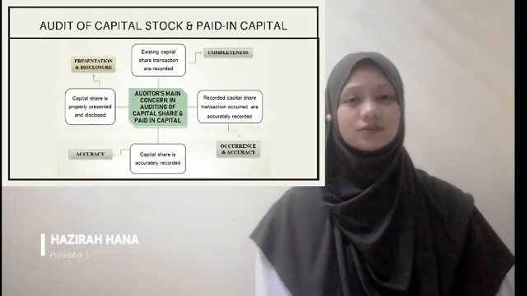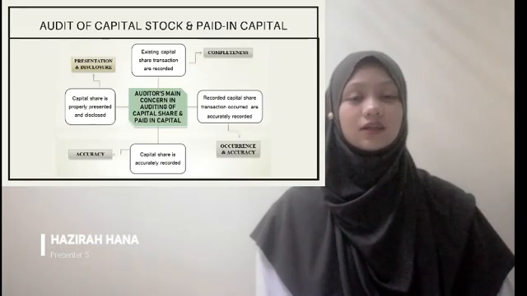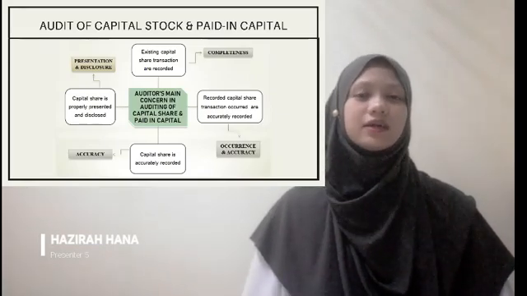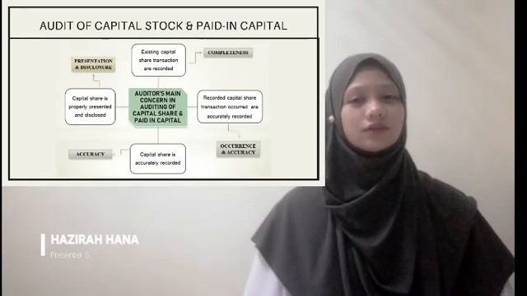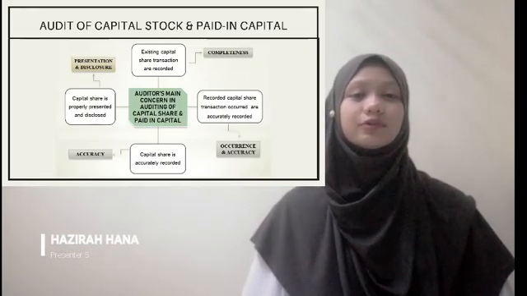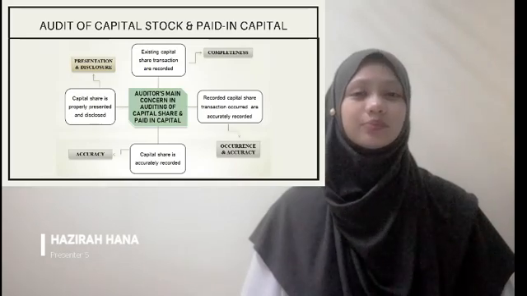Also, they have to verify and determine that all of the transactions have been recorded. Other than that, the auditor has to uncover all the issuance and repurchase of the shares in the company.